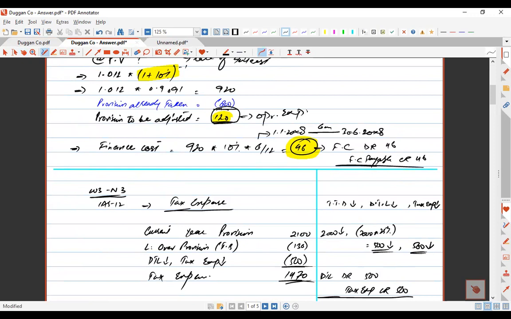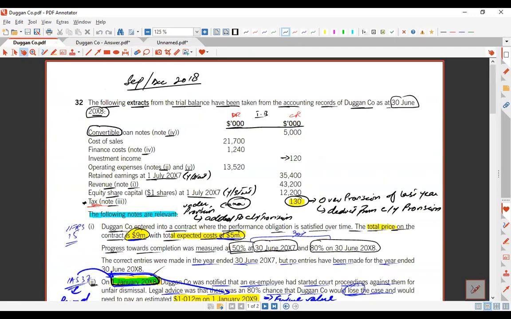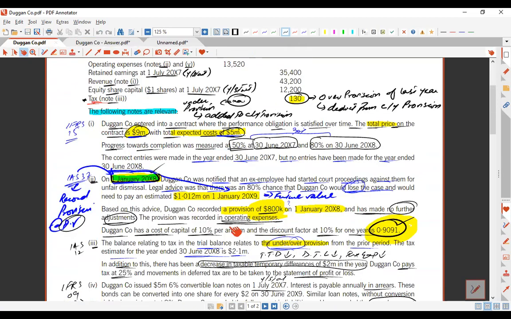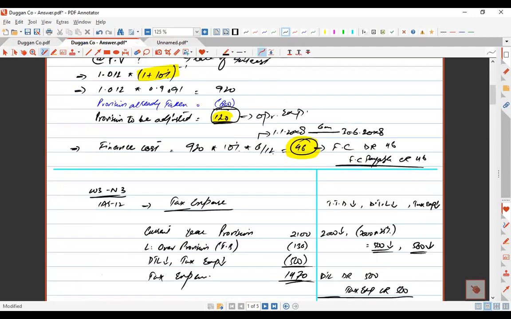Why operating expenses? If you look in note 2, the company recorded a provision of 800. The provision was recorded in the operating expenses. If the 800 of provision is charged to operating expenses, so our differential, the adjusted amount, should also be taken to operating expenses.